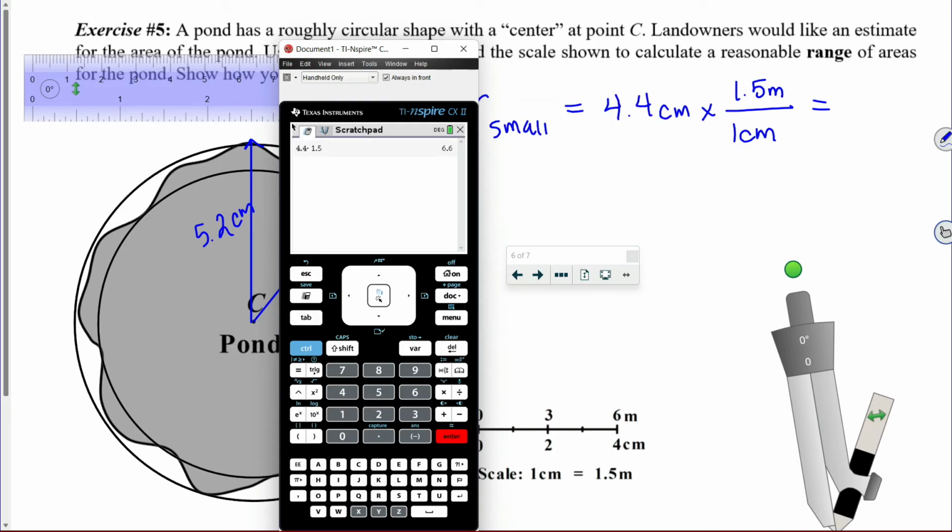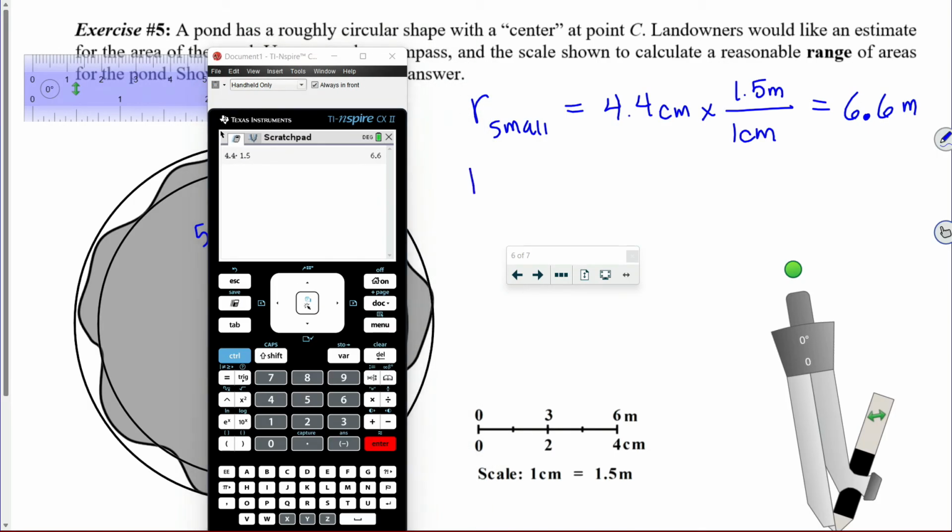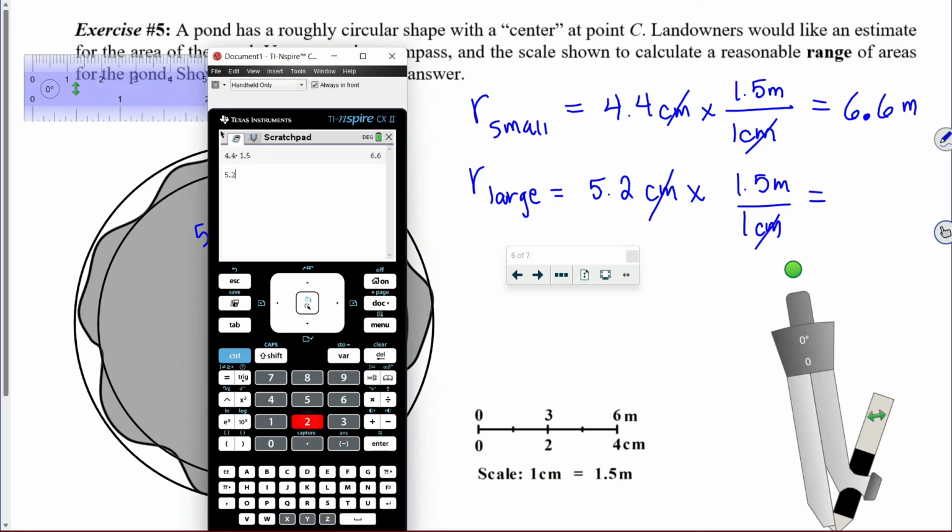Looks like 6.6 meters. All right, and then my larger radius is going to be 5.2 centimeters times 1.5 meters per 1 centimeter. And let's figure out that, 5.2 times 1.5, and that's going to be 7.8 meters.